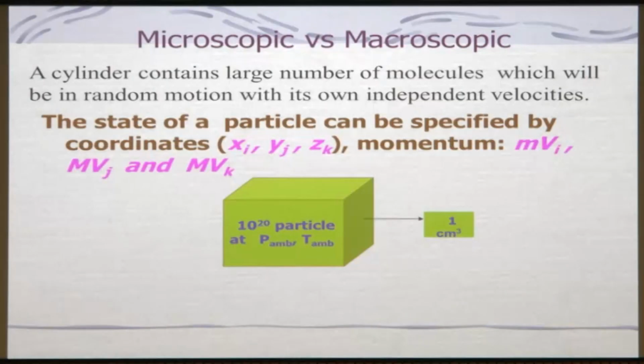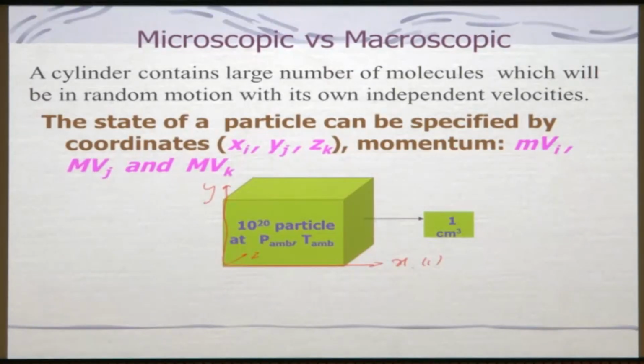So, what will happen? The state of a particle can be specified by the coordinate system. If I take this as x, and this is your y, and perpendicular to this is your z. So, now the coordinate system is fixed, and each molecule will be moving around, right.